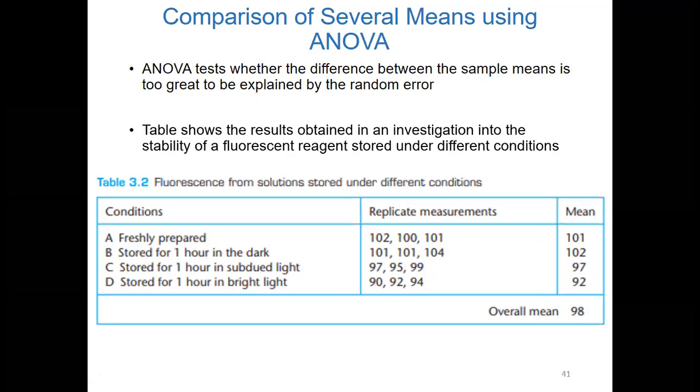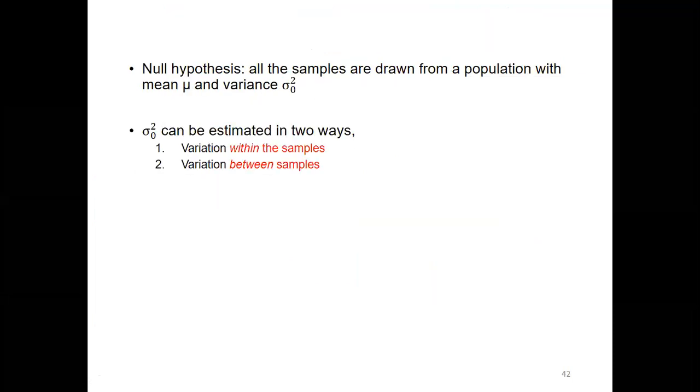Now let's move to the calculation. Before that, I would like to explain something. Here also, as we did for t statistics, G statistics and Q statistics, we need to define a null hypothesis. The null hypothesis is that all the samples are drawn from a population with mean mu and variance sigma naught squared.